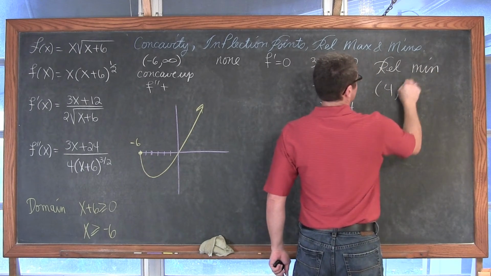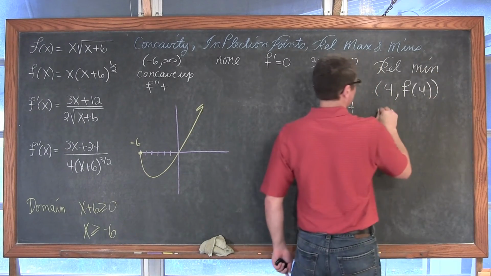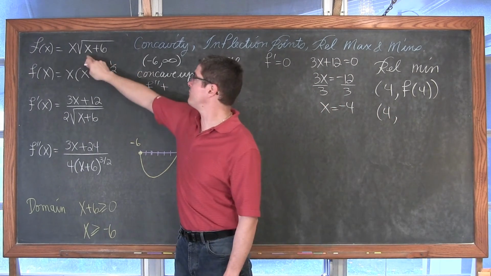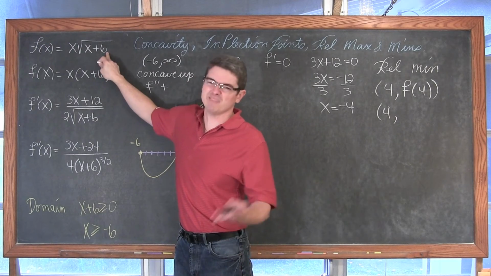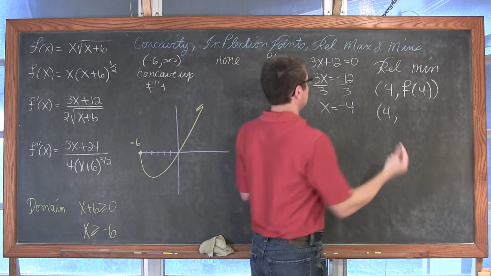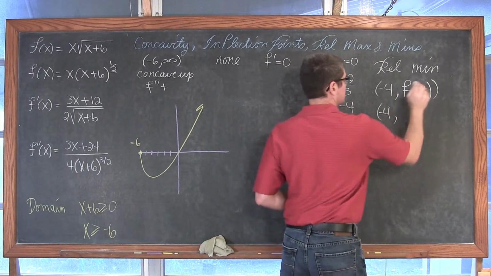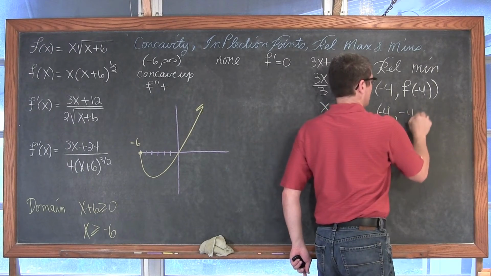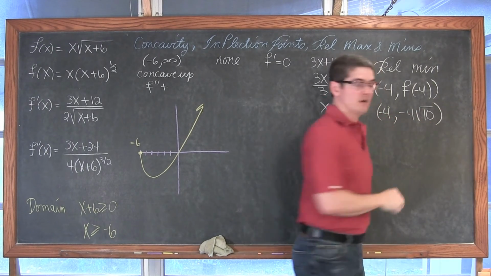So the relative minimum is at -4, f of -4, which is, coming back to my original function, 4 plus 6 is 10, the square root of 10, I'm just going to leave it like that, with a 4 out front. So it's, well, excuse me, don't forget those negatives. -4 square root of 10.